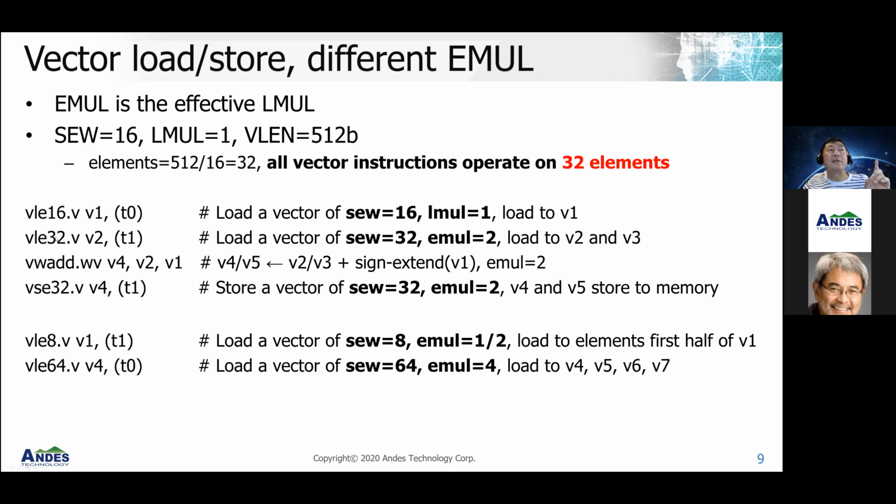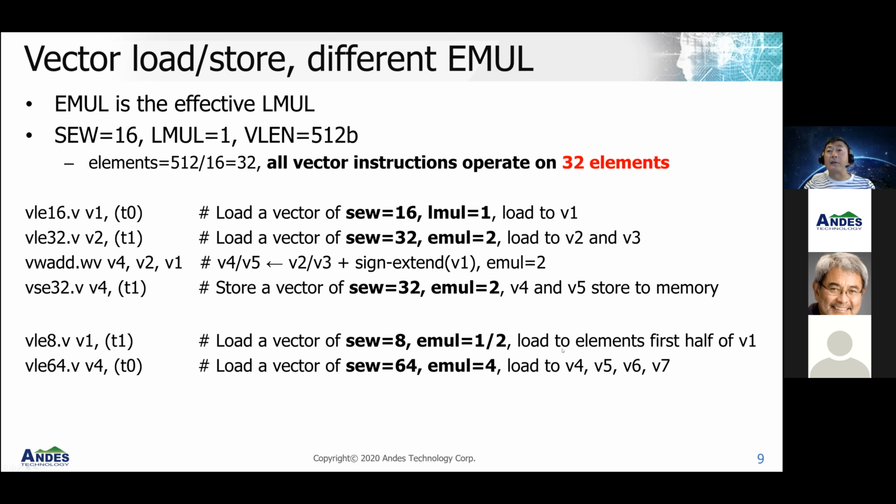But if you change it to 32-bit, so now you load 32-bit, remember you still have to do 32 elements, but the element width is now 32-bit. So the effective LMUL will become 2. And now you have to load into V2 and V3. On the other hand, you can change it to E8.